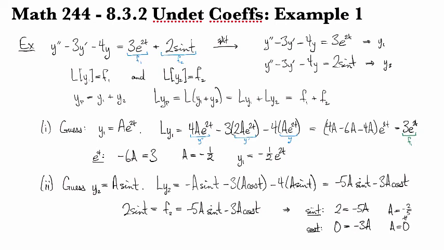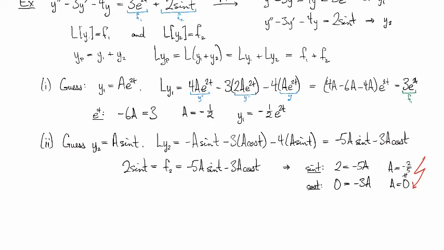So something is wrong. Right, what happened? Well, probably you already spotted what happened. My guess back here was lousy because I didn't take into account f prime or f double prime, right?